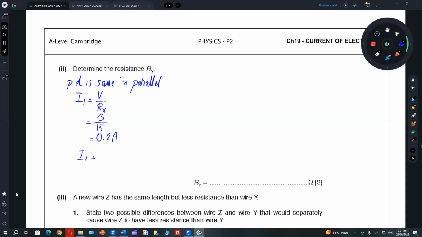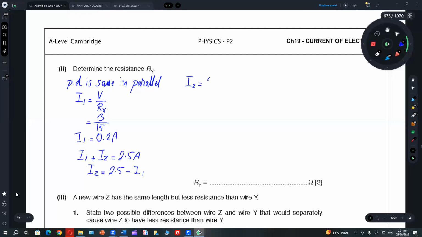Then I1 plus I2 is equal to 2.5 ampere. So how much would be I2? 2.3.